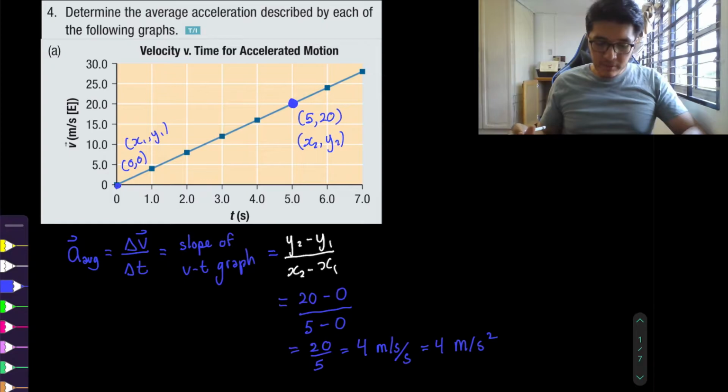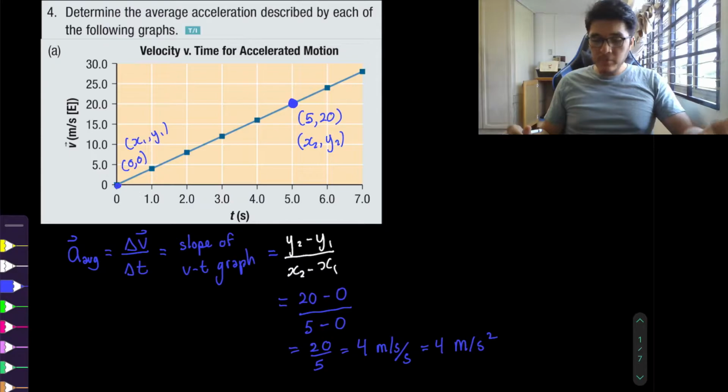So this kind of makes sense: in each second of time that goes by, the velocity gets faster by 4 meters per second.